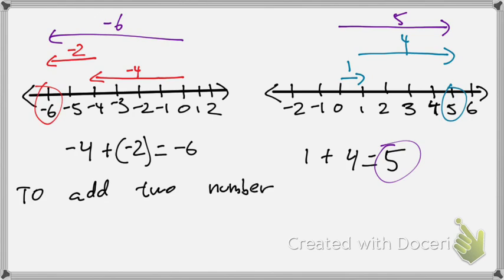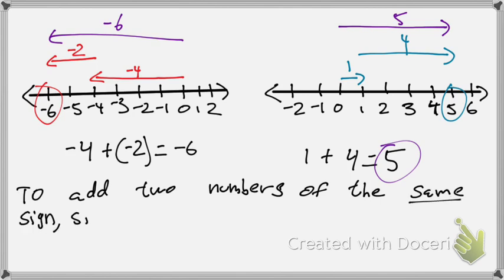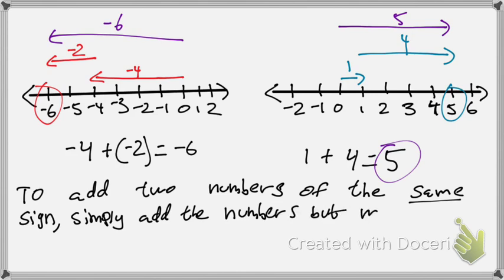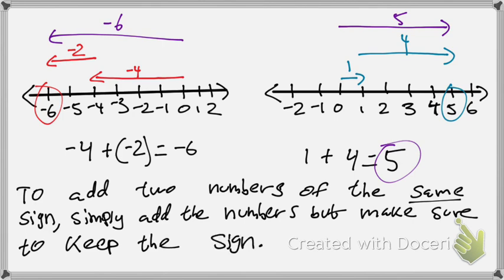So to add two numbers of the same sign, okay, you guys should be writing this down right now. To add two numbers of the same sign, simply add the numbers, but make sure to keep the sign.